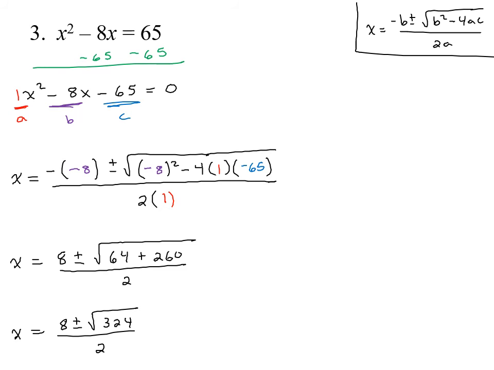So we are going to probably have to simplify this one. So I'm going to go up here to the top right and see what happens. So if I take this 324, it is 12 times 27. But 12 is 4 times 3, or 2 times 2 times 3. 27 is 3 times 9, or 3 times 3 times 3. I'm doing a square root, so I need a group of 2.